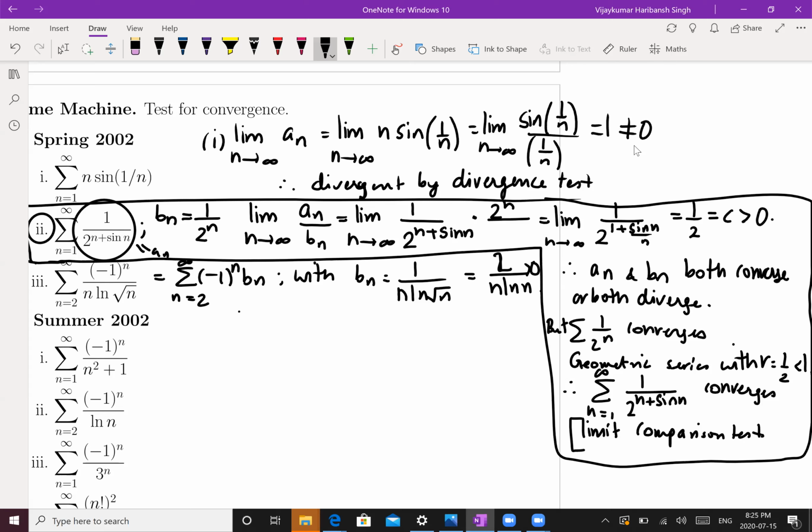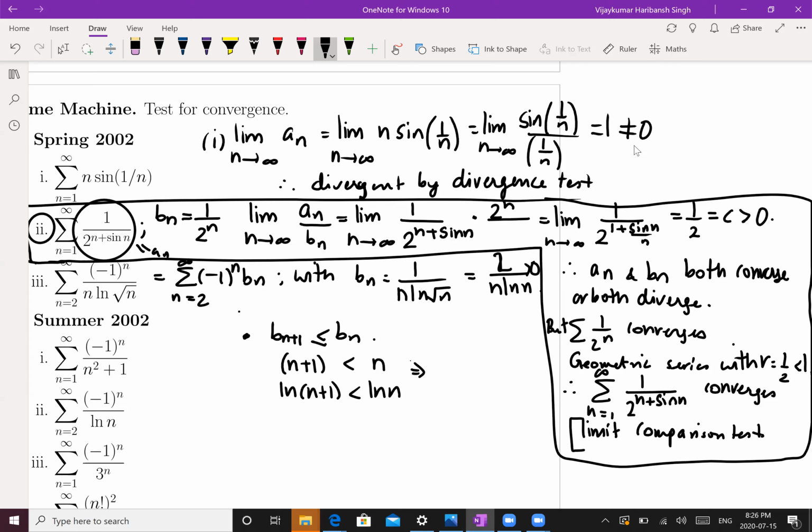So first thing to check is bn plus 1 less than bn. And the answer is yes. Why is that? Notice the following. You can quickly see that n plus 1 is greater than n, and ln of n plus 1 is greater than ln of n. Both of these are positive.